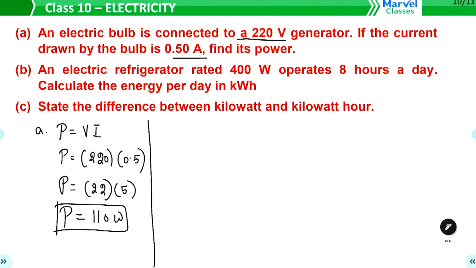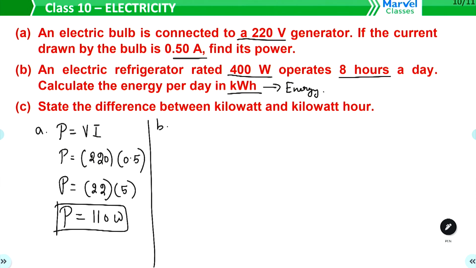So put them in and you will get the answer. Next, the B subdivision. An electric refrigerator rated 400 watt operates for 8 hours a day. Calculate the energy per day in kilowatt hour. See, using this method, we can even calculate the electricity bill consumption in every domestic home. Kilowatt hour is the unit of energy, and the electric appliance is 400 watt power.